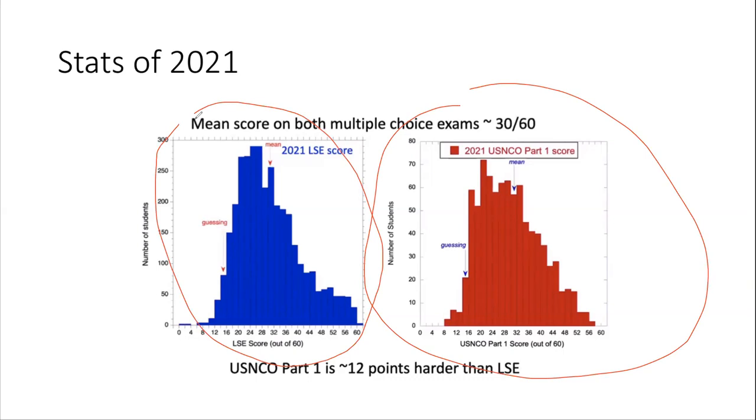The USNCO national Part 1 is 12 points harder than the local section exam, which means on average they score 12 points lower than their performance in the local exam. Think about it, if we follow the average, say you score 50 in the local, then you may expect 40 or even lower in the national, right? Although this is not always true for everyone, on average you should expect such a difference, right?